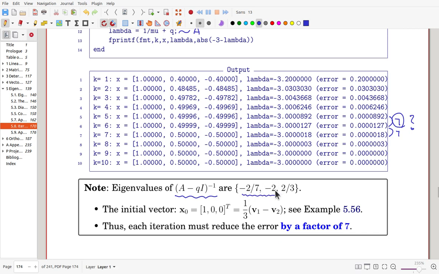Now this is the largest one, and this is the second largest one, but there's no component for this one, so the convergence will happen along that ratio, which is 7. So we have a reduction of error by a factor of 7 in each iteration.